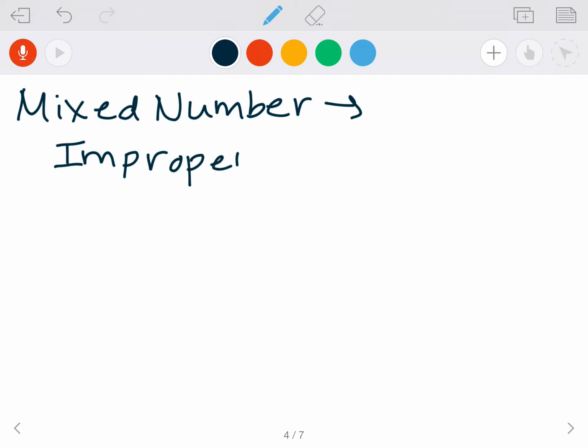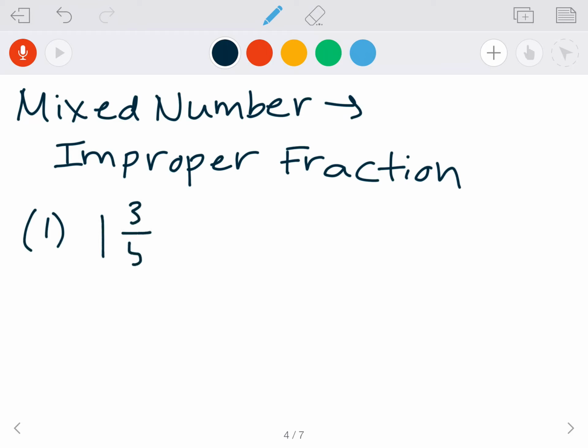So first, we're going to go from a mixed number to an improper fraction. For example number 1, let's do the same one we did before, 1 and 3/5. We want to convert this mixed number to an improper fraction.